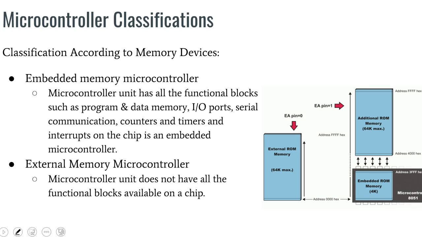Whereas if we can connect extra memory outside of the microcontroller, then we may call that external memory microcontroller. So depending on the internal architecture, sometimes we may get microcontrollers that may not have internal memory. Sometimes they may have some internal memory, but we can interface more external memory into the same microcontroller to extend the available amount of memory. So we can have these variations as well.